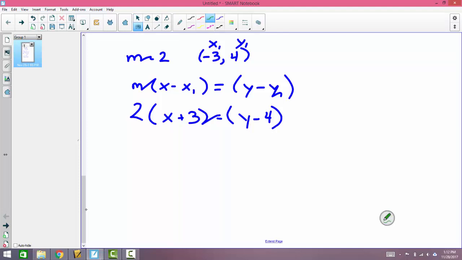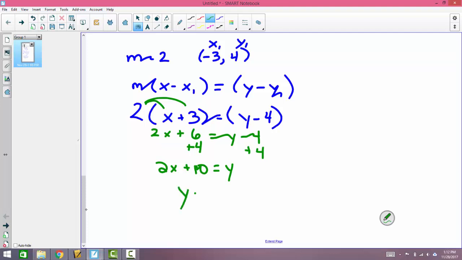Now we can convert this to the y equals mx plus b form by distributing the 2 and then adding the 4. So 2x plus 10 would equal y. You could write that as y equals 2x plus 10.